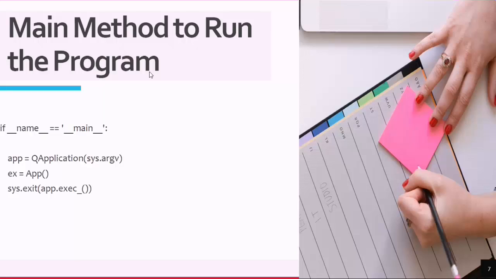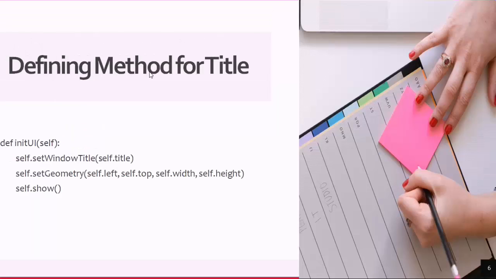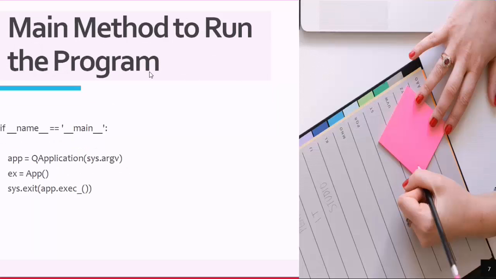And lastly, I have created a variable called ex. Inside that, I'm going to use the App class. And lastly, I'm going to exit the program by using app.exec_ followed by the package. So here we go.